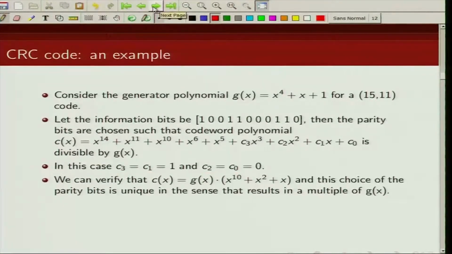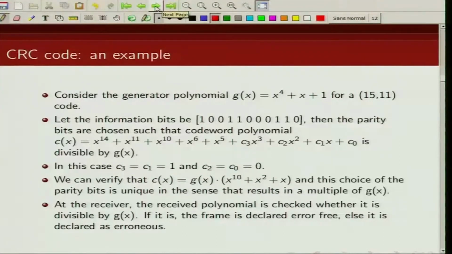C of x is then the product of g of x and x^10 plus x^2 plus x. And this is a unique choice of the parity bits C0, C1, C2, C3 which will ensure that c of x is divisible by g of x.